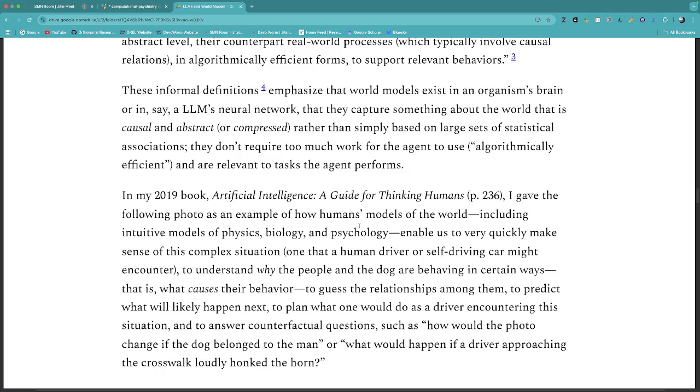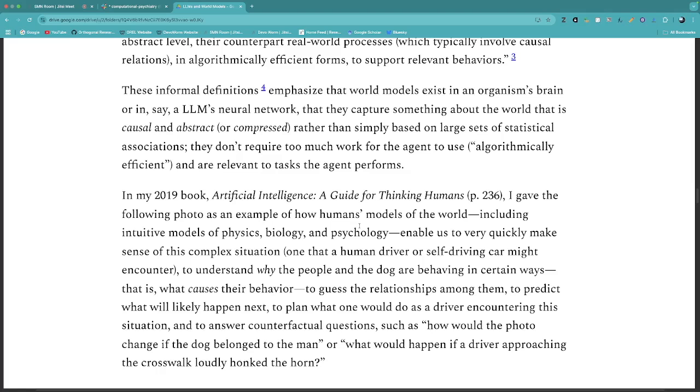Sometimes they call them folk physics or folk psychology. So if you learn nothing in school about physics or psychology or biology, you tend to default to these intuitive models. It's just like if you observe the world, you can intuit these things.